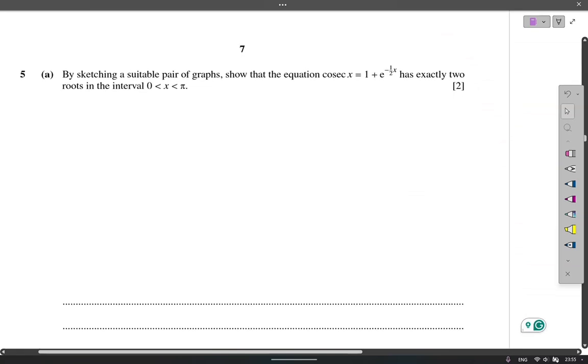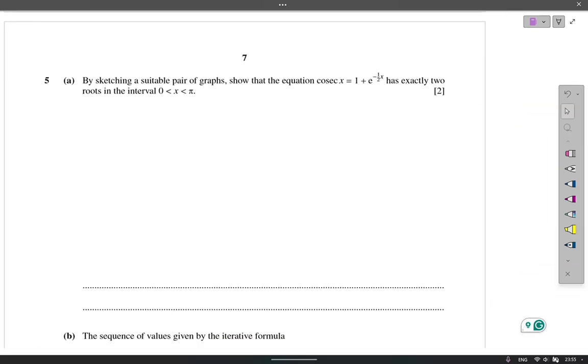Okay. It asks, by sketching a suitable pair of graphs, show that the equation cosec x equals 1 plus e to the minus x over 2.